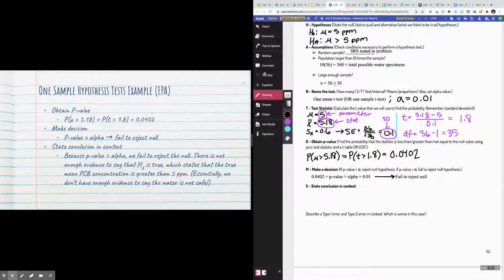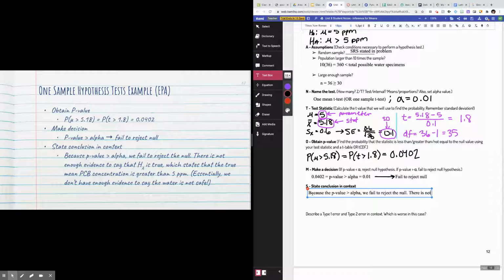All right, very last step is I need to state my conclusion in context. So this is where you're going to use your script, your word formula, and just fill in the blanks with the context of this particular problem. So we would say because the p-value is greater than alpha, we fail to reject the null.